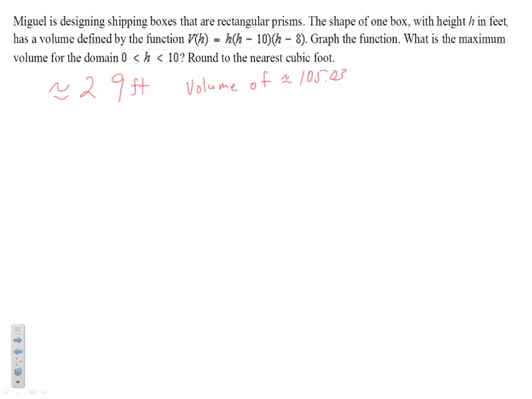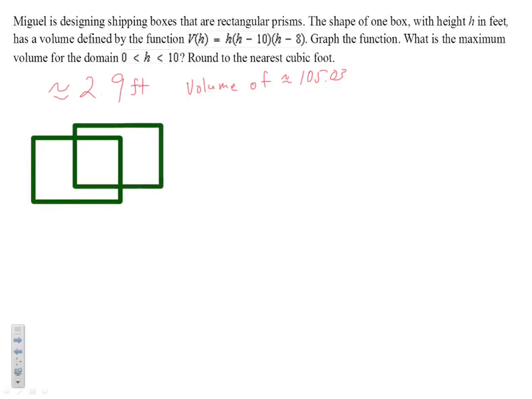Let's look back at this other question here. Really quick, the diagram for this is going to look something like this. We connect our corners, and the height is H. And then we have the width, which was H minus 10, and the length, which was H minus 8.